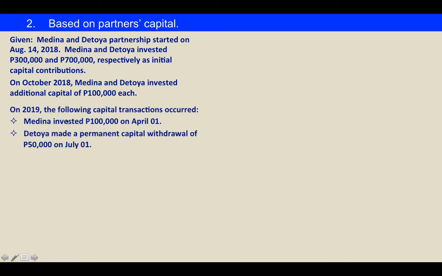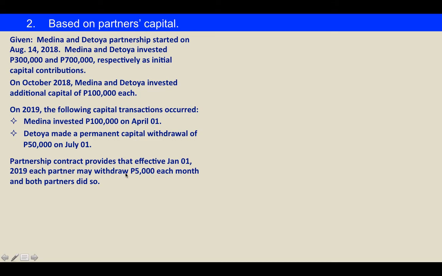On 2019, the following capital transactions occurred. Medina invested 100,000 on April 1st. Okay, so there is an additional investment from Medina. De Toya, however, made a permanent capital withdrawal of 50,000 on July 1st. Okay.